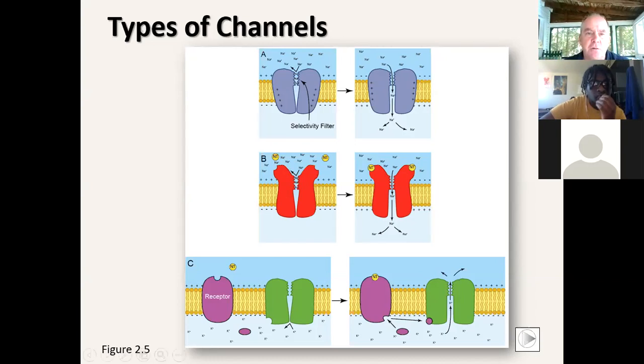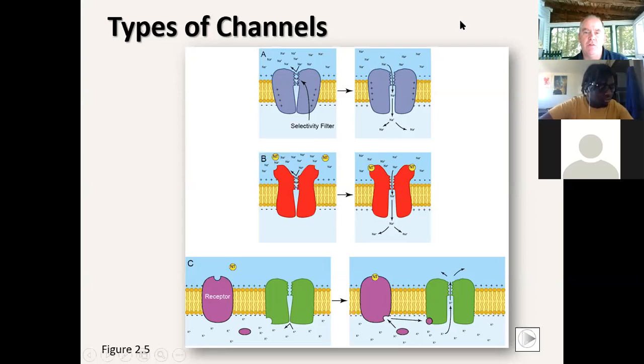You can see here, you've got negative charges inside and positive charges outside, and so the pore is closed. When this membrane potential flips, so here's negative outside, positive inside, these positive charges pull the structure that way. Now it's open and sodium can come through. So that's your voltage-dependent channel.